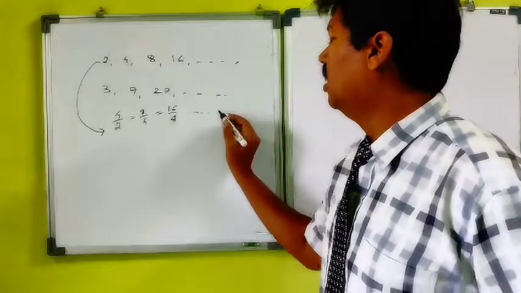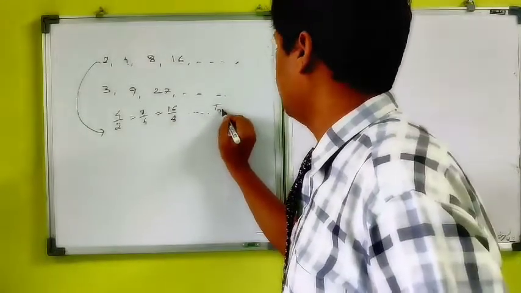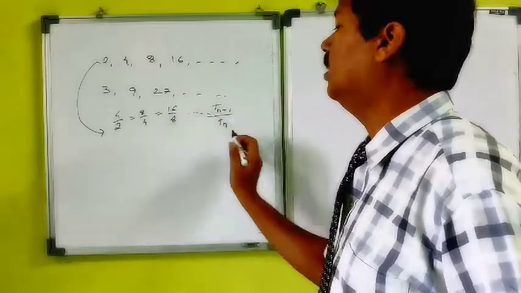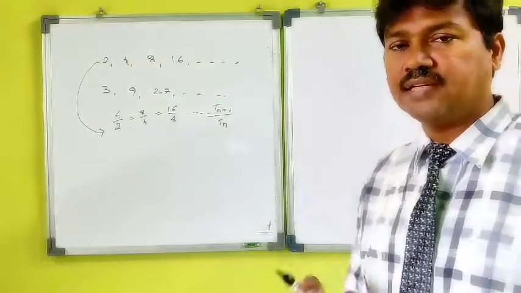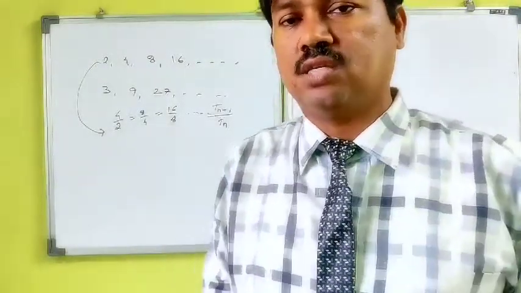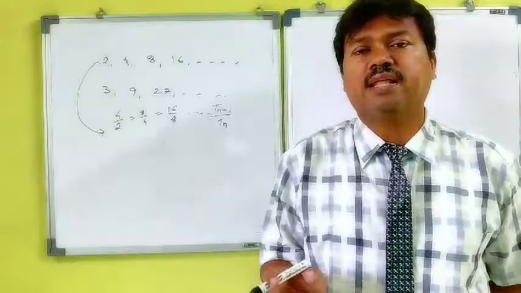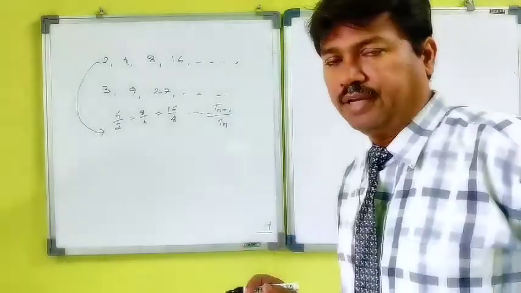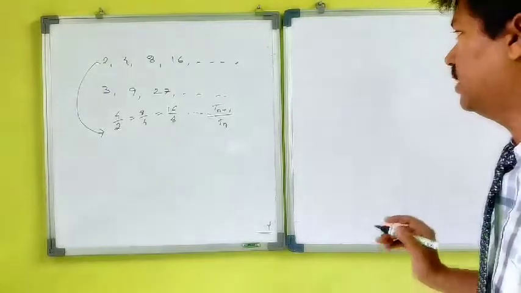So in general, we can say that Tn plus 1 upon Tn is always equal and constant. That is, if the ratio of two successive terms is constant, then that particular sequence is called a geometric progression. So what is the definition of geometric progression?